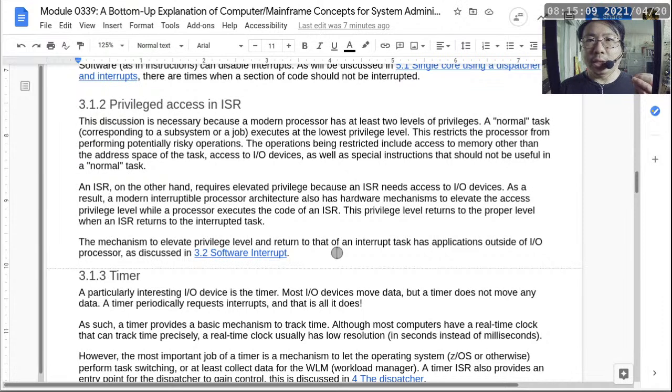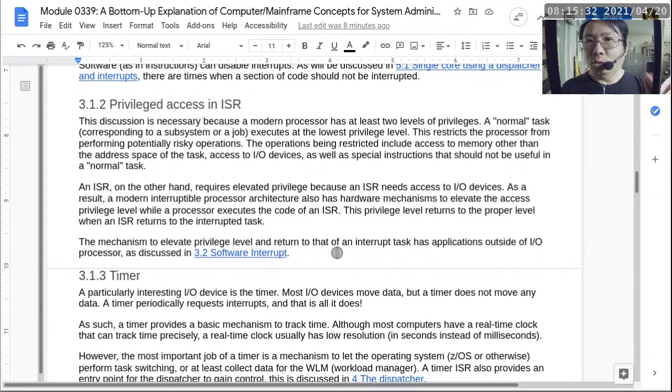But the privileged access is more than just can we mess up another address space? It also has to do with, can we access input-output devices? When I talk about input-output devices, I'm referring to the channels, which is IBM's name for the controller that controls the DASD and other devices.